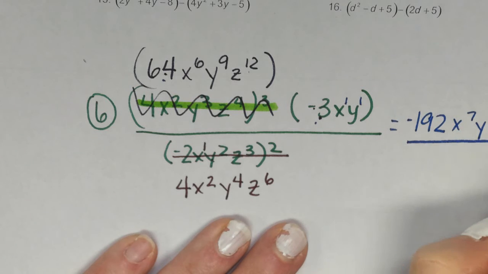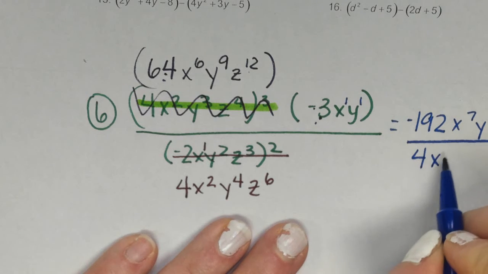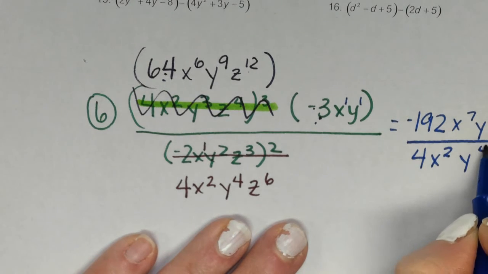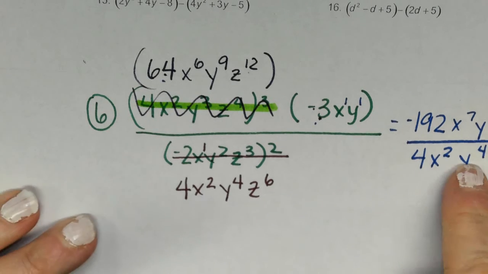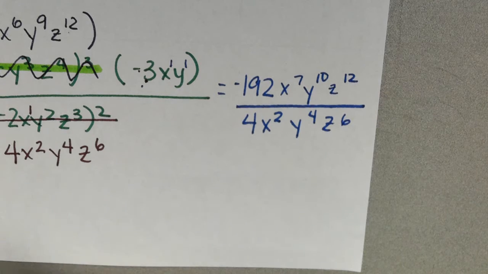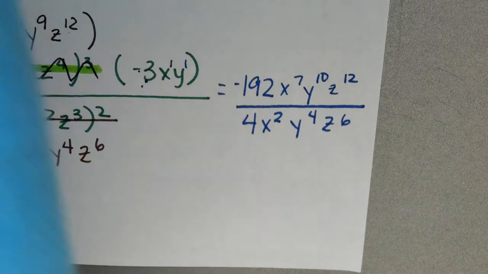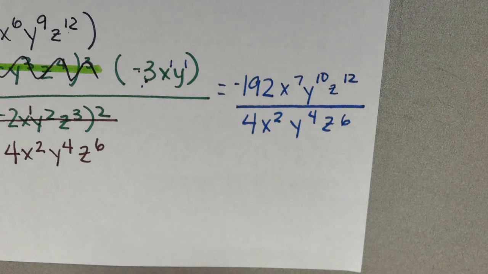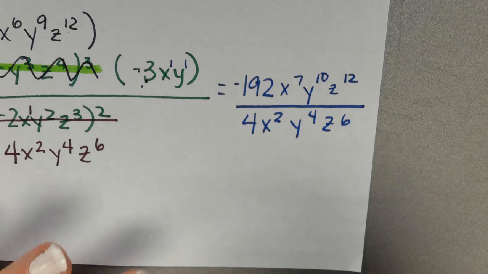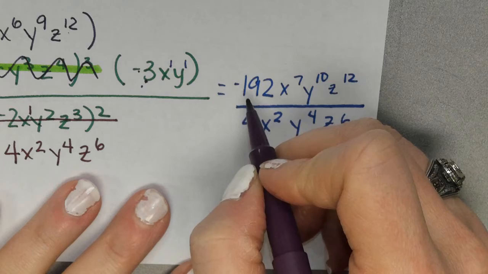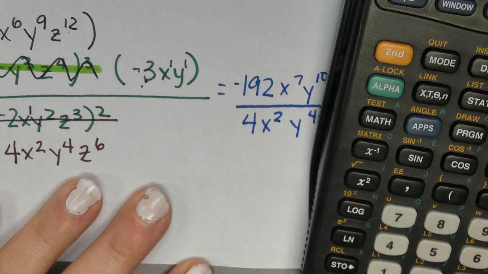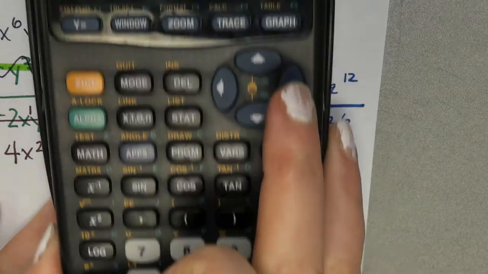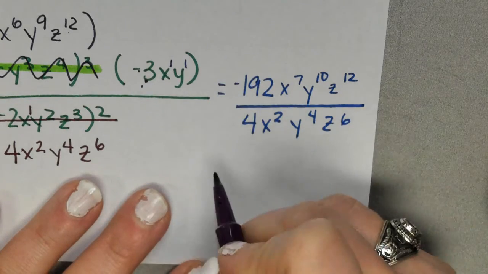We're going to go to the bottom now and rewrite what we have. Okay, now what do we do when we have division? We subtract. So negative 192 divided by 4, do that on the calculator, it's going to give us negative 48.